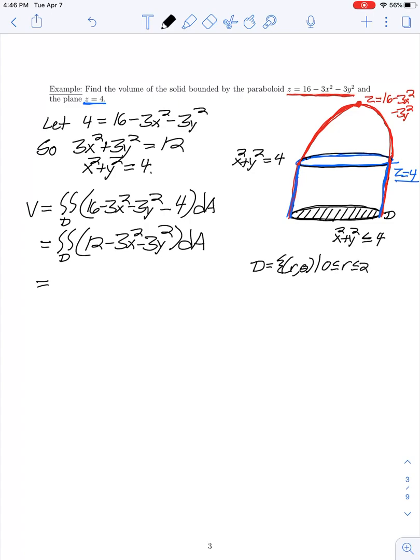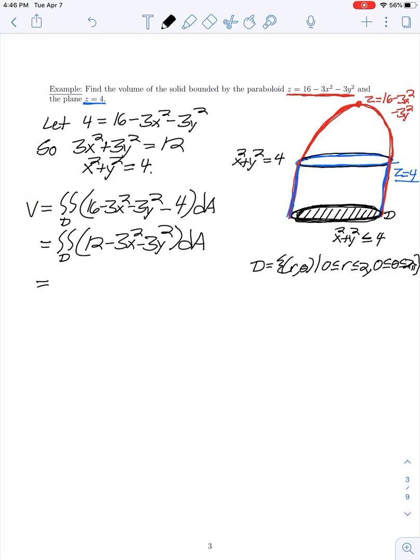This is a circle of radius 2 in the xy plane. And our theta value can range from 0 to 2 pi, since we're talking about everything inside of the full circle to get our disk.